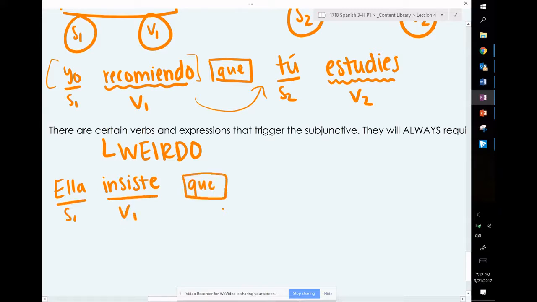Ella insiste que María haga la cama. Subject 2, verb 2. Okay, and again, subject 2, verb 2, that's in the subjunctive. The first half of your sentence is in the regular indicative. Insiste works here because it is a weirdo verb. It tells us to use the subjunctive after it.